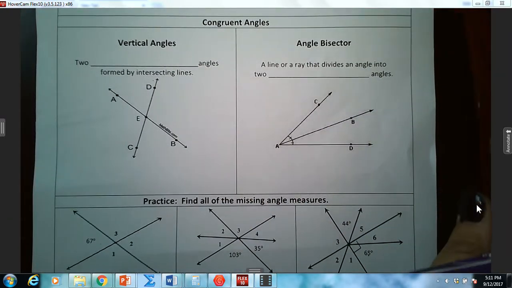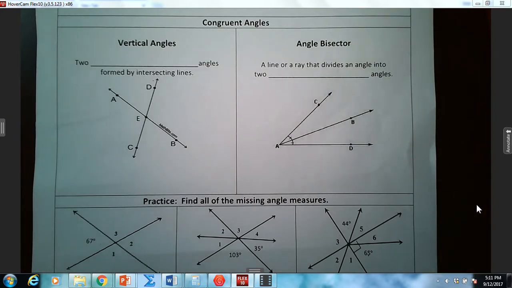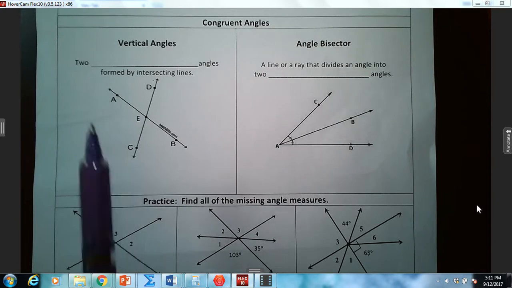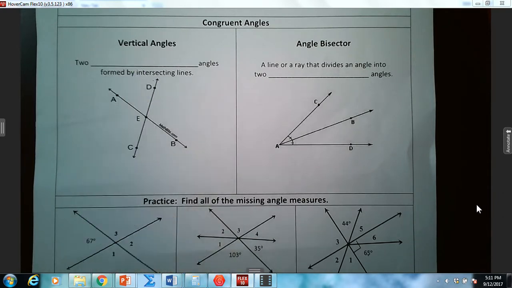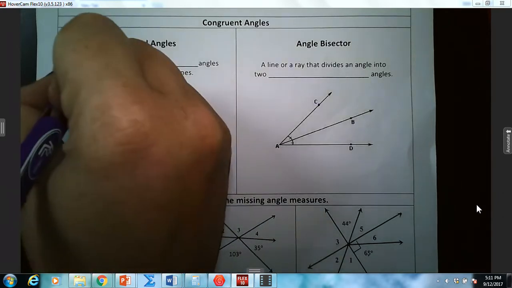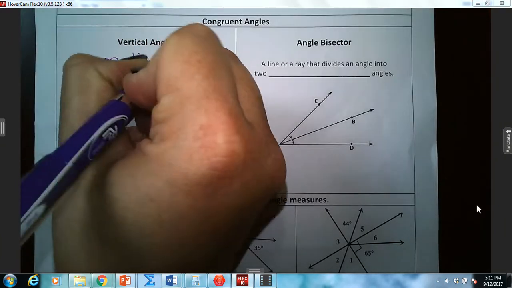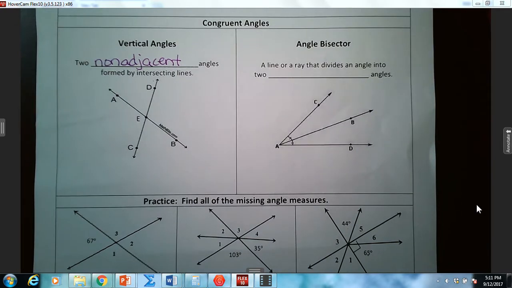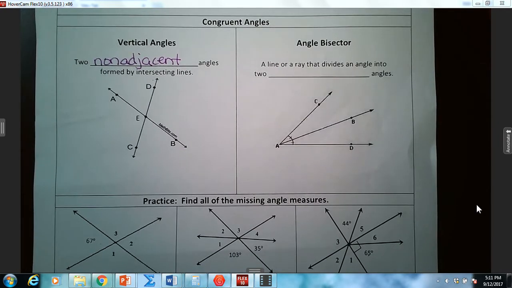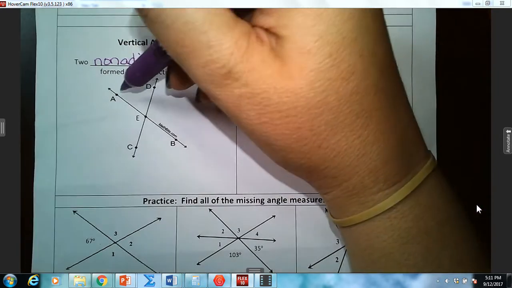Now we're talking about congruent angles, and we are going to have a lot of congruent angles throughout our year, but this is a great place to start. Our first set of congruent angles are called vertical angles. Vertical angles are two non-adjacent angles formed by intersecting lines. So non-adjacent, which means they do not share a common side. So let's take a look at angle AED.